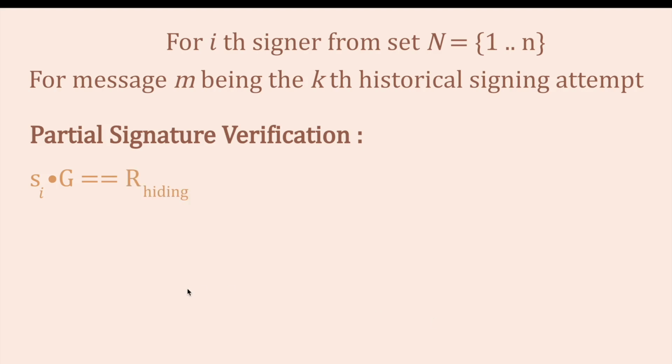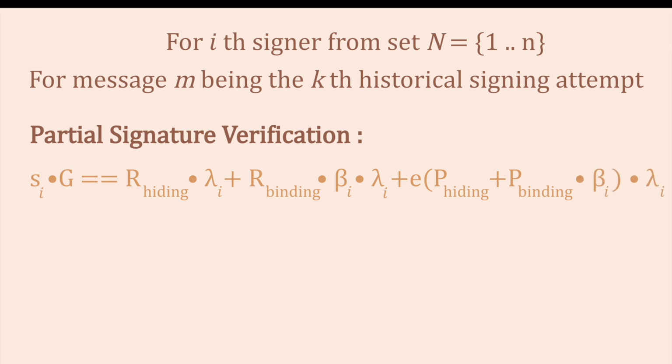To verify it, we take the partial signature SE, the scalar, times G, and check if it's equal to the hiding public nonce of the participant times the Lagrange, the interpolating value, plus the binding public share of the participant times the binding value times the Lagrange, plus the challenge E times the partial group point of the hiding point, and the partial binding group point times the binding value times Lagrange.